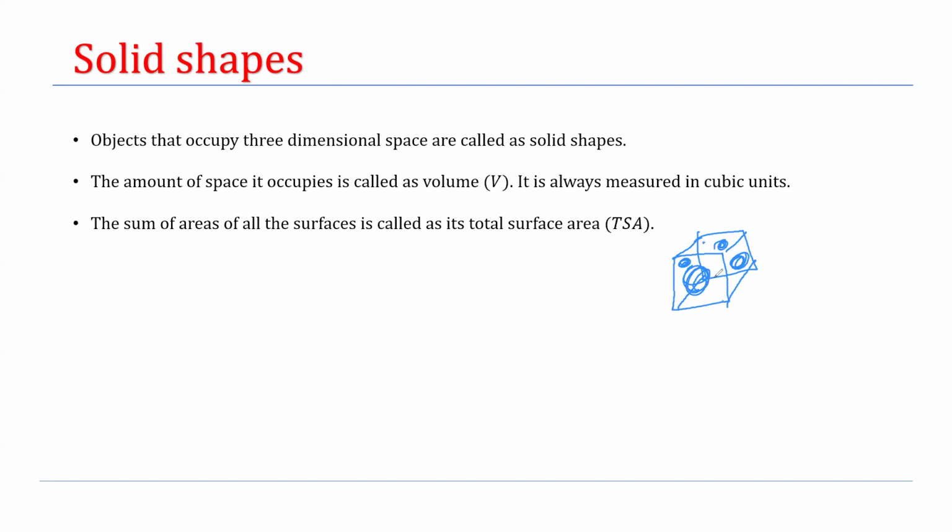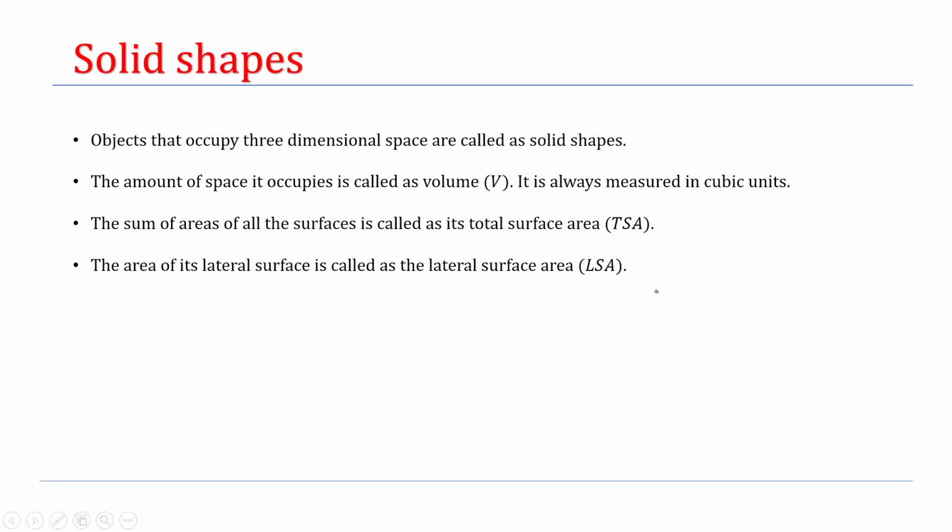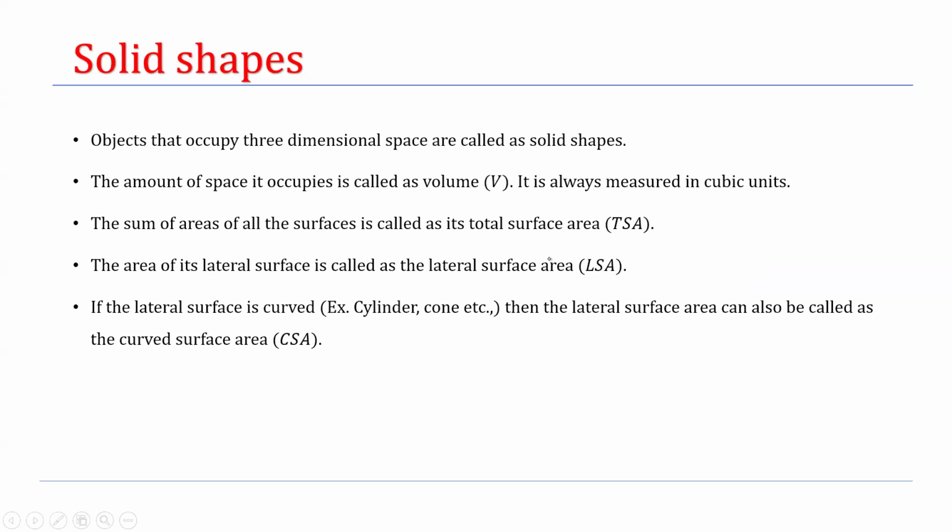And top and bottom also will have a surface. If we delete the top and bottom surface areas, then it is called lateral surface area. With the example you will understand more. Lateral surface means without top and bottom. Curved surface area means for curved objects it will have curved surface area. So with an example you'll understand more.